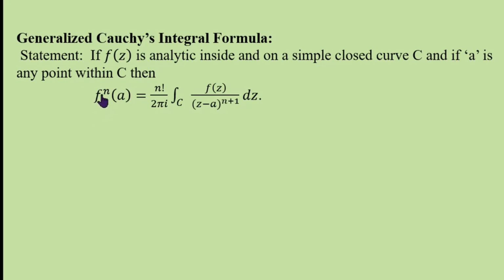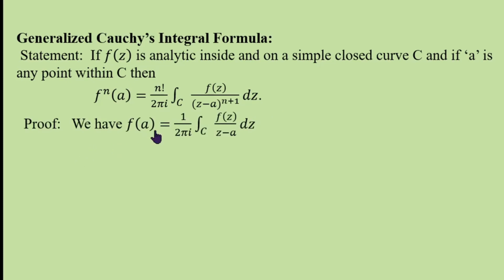the nth derivative of f at z equal to a is equal to n factorial by 2 pi i into the integral over C of f of z by z minus a power n plus 1 dz. Now how can we prove it? By Cauchy's integral formula, we have f of a is 1 by 2 pi i integral over C of f of z by z minus a dz.